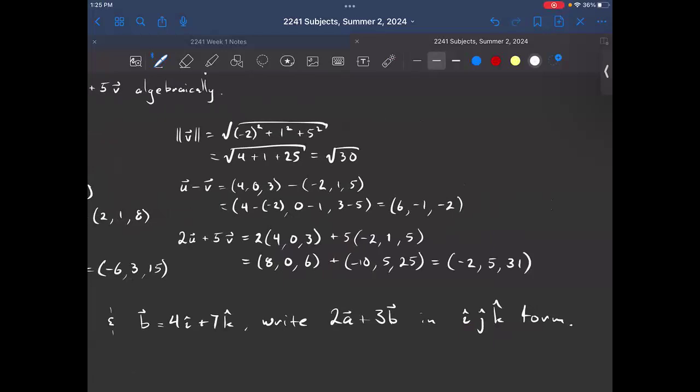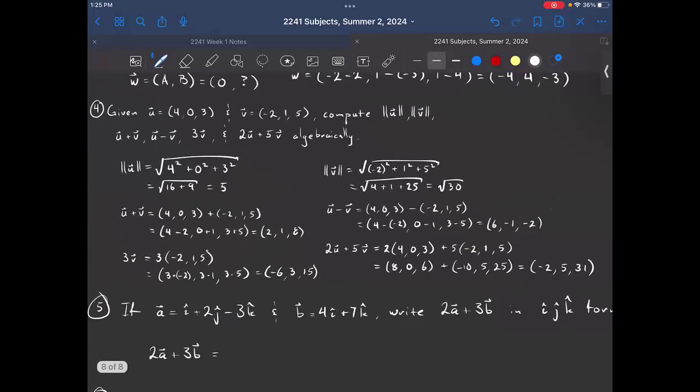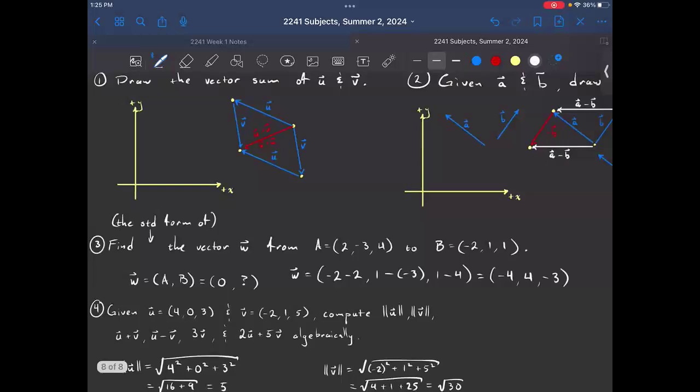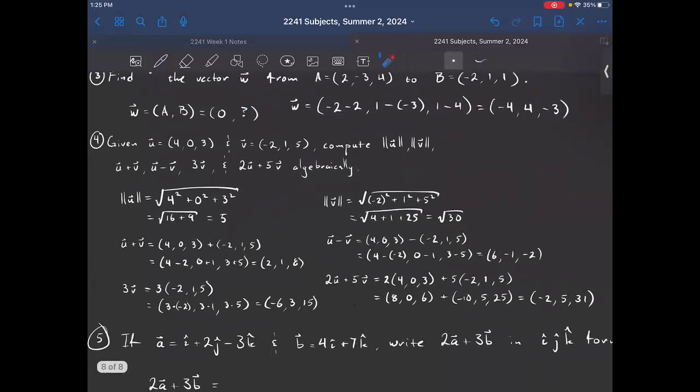Okay. So now what I want you to notice is that we did all of those computations without thinking about what the vectors looked like at all. I did not need to know what direction the vectors were pointing in order to compute all these things. And that's very good for us because when you have 3 coordinates, thinking in 3D space is hard.